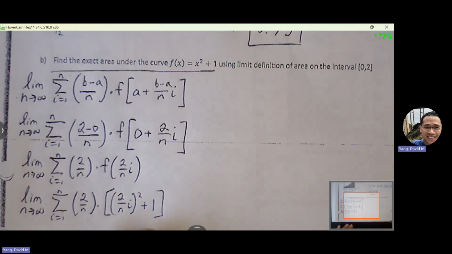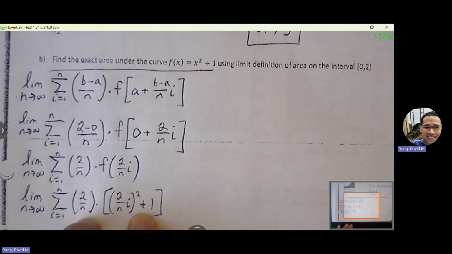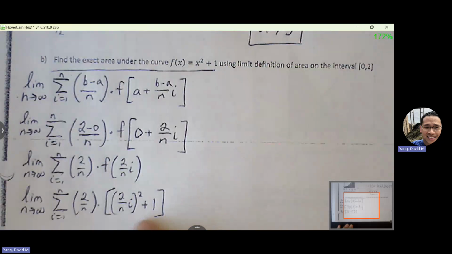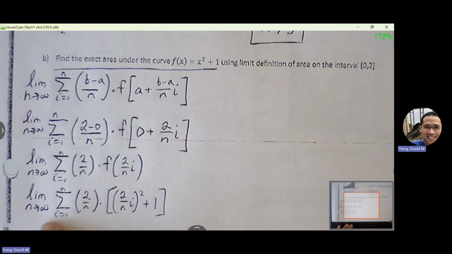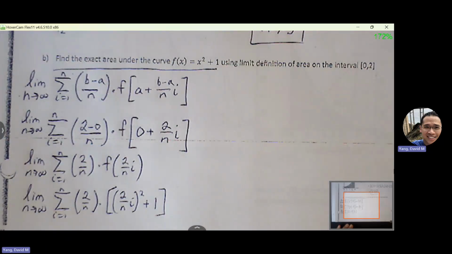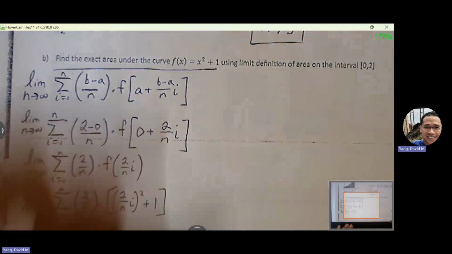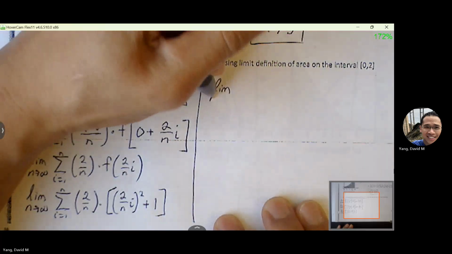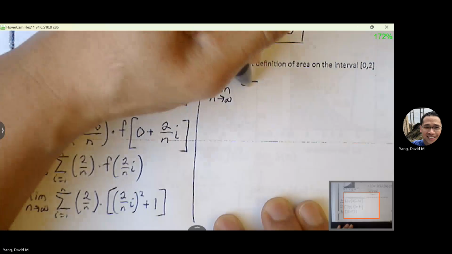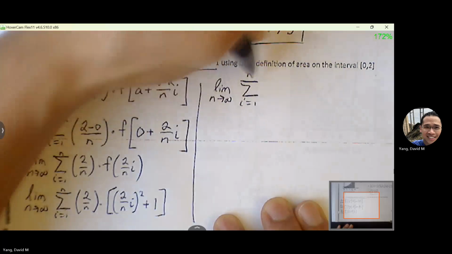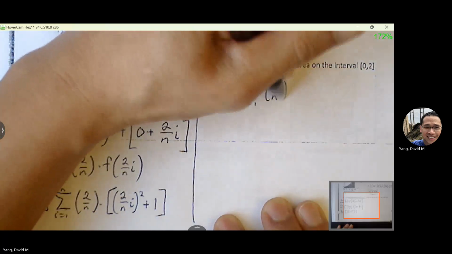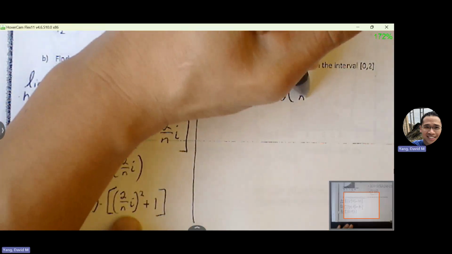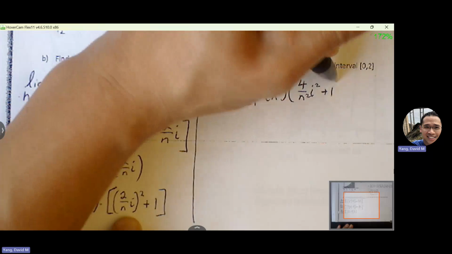Okay, so now that we've gotten it out of function notation, we're just going to clean this up and get that summation resolved, get everything in terms of n, and then we push n out to infinity, and then we use comparing degrees to find the exact area under the curve. So I'm going to expand this out, make it 4 over n squared, i squared, plus 1.